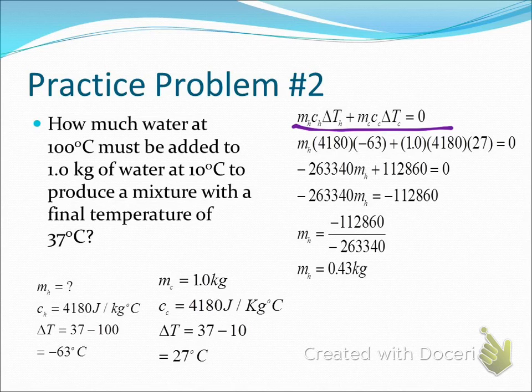We're going to plug in our numbers here, and you're going to go through that manipulation. I'm not going to explain every single detail here, but once you go through that math, you're going to end up getting that mass. And all that mass means is that in a perfect system, if you poured in 0.43 kilograms of 100-degree water into our water that was 10 degrees Celsius, then equilibrium would occur, and that equilibrium would occur at 37 degrees.